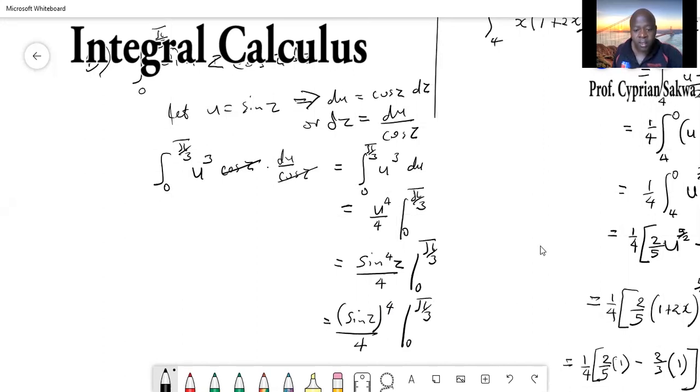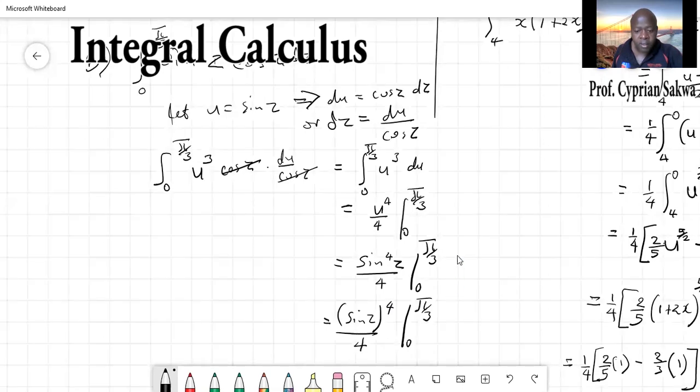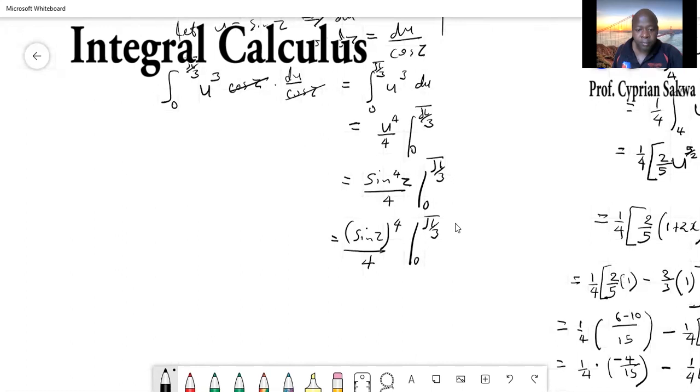So we use our calculator to find sine of pi over 3 and then sine of 0 and subtract the 2. So sine of pi over 3, we raise it to 4, and then divide by 4.